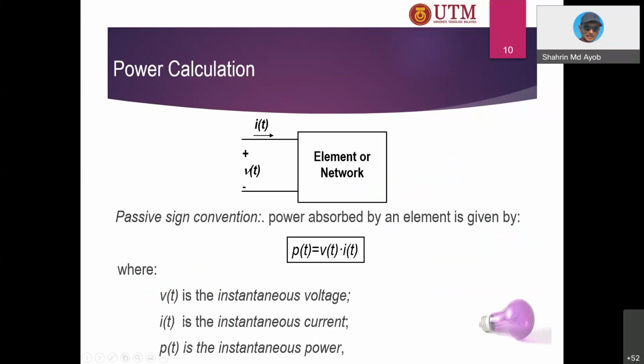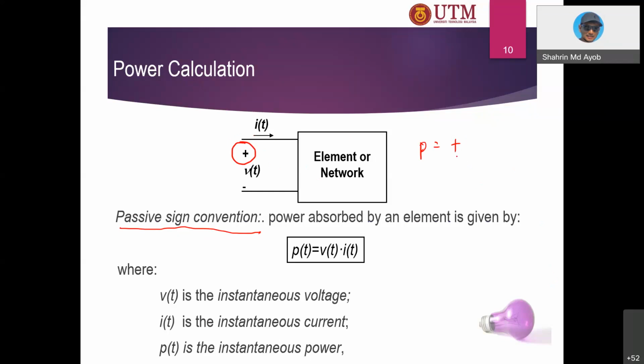Okay, so we can move to the power calculations for the AC power. You need to mind the passive sign convention. The passive sign convention says that the power is positive when the current is entering the positive terminal of the element.